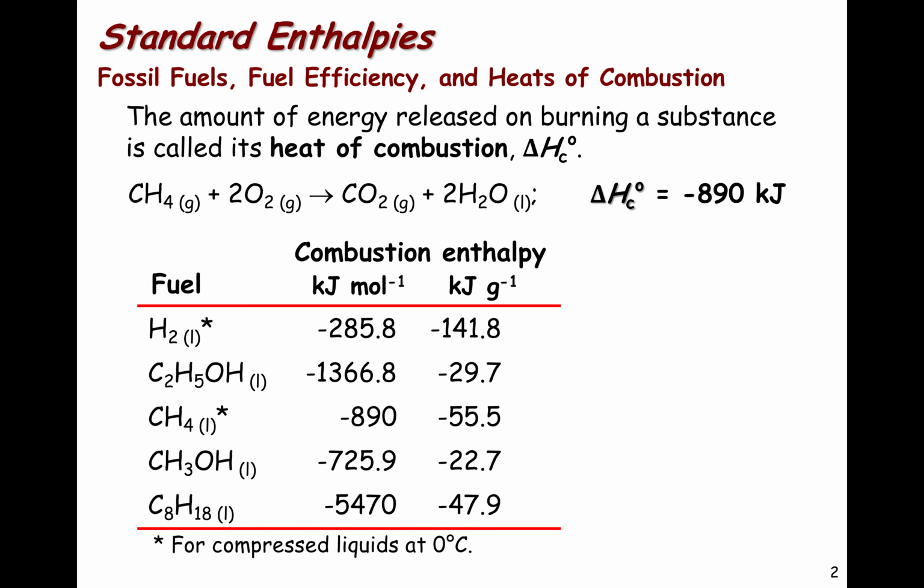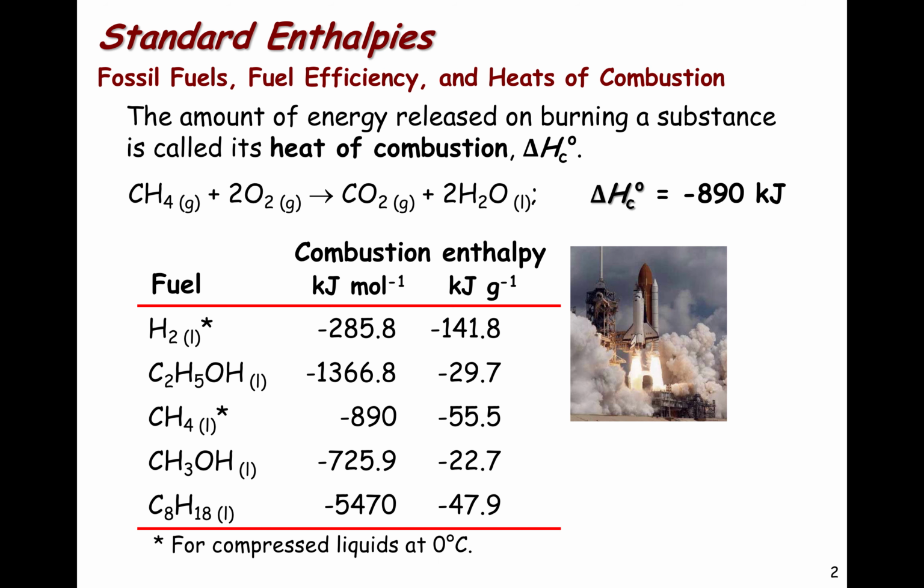And as an example of other fuels, you can see that there are a variety of values that are associated with the combustion of things like elemental hydrogen or ethanol or methanol or even octane.